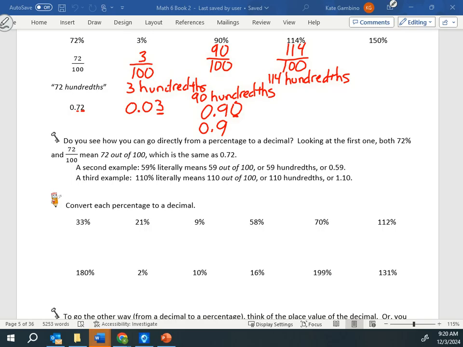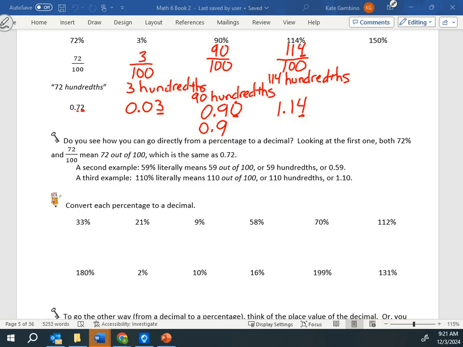You are absolutely right. 1.14. Because what I said was that last digit on the numerator has to be in that hundredth place. And then we fill in the numbers before it. So if this is the hundredth place, this one goes in the tenths, this one goes in the ones. So we always put that last digit into the hundredth place and we fill in before it.